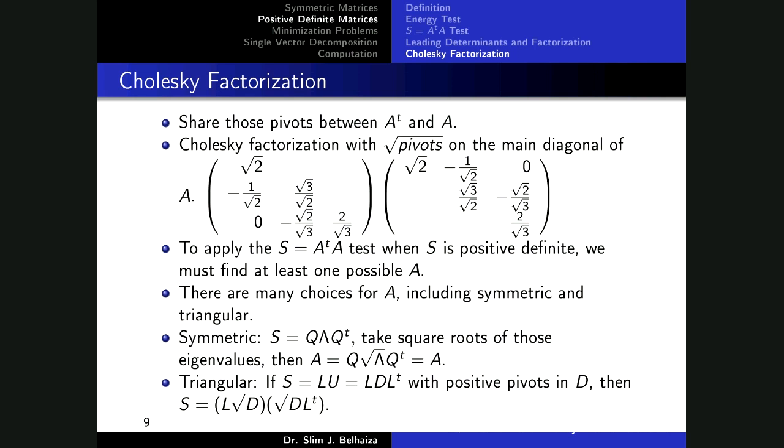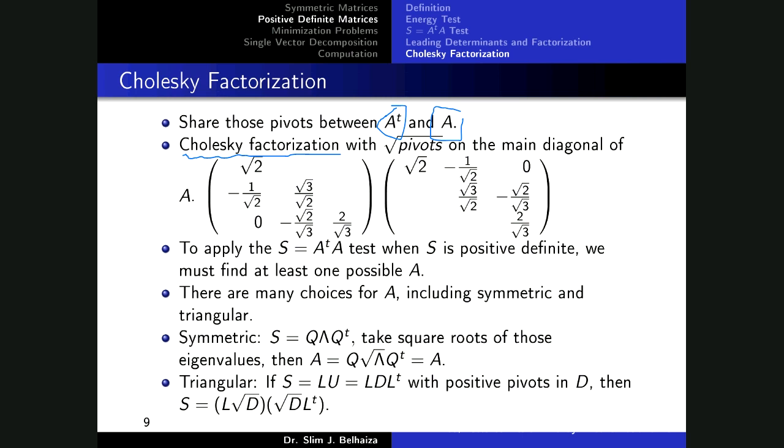If we define the two matrices so that they contain the square roots of the pivots, one can say that we obtain A transpose A, and this is what we call the Cholesky factorization, with the roots of the pivots on the main diagonal.